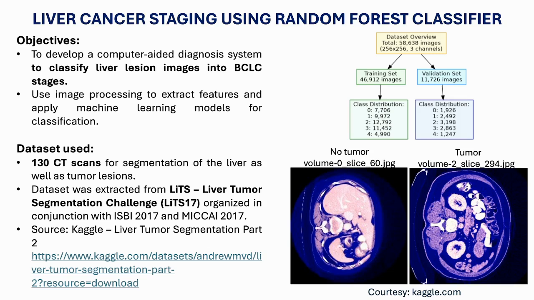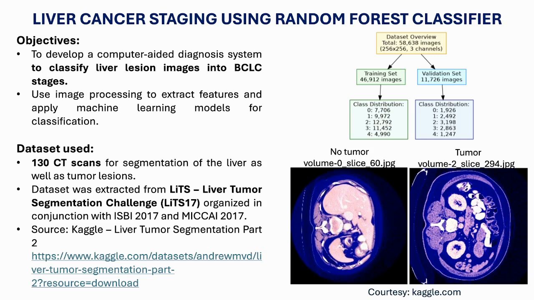So the main goal of the project is to develop a computer-aided diagnosis system that automatically classifies liver lesion images into the BCLC stages based on their features. And also to use image processing techniques to extract meaningful texture and shape features from the CT scans.